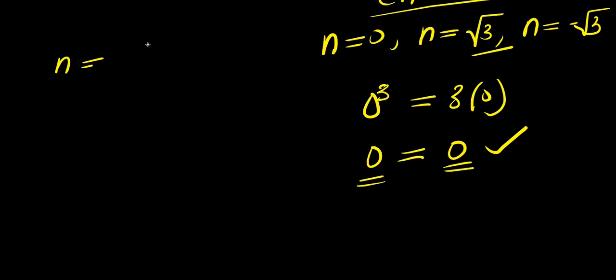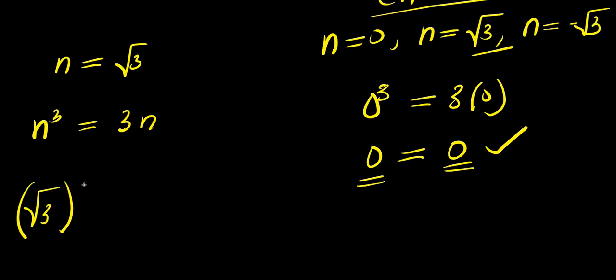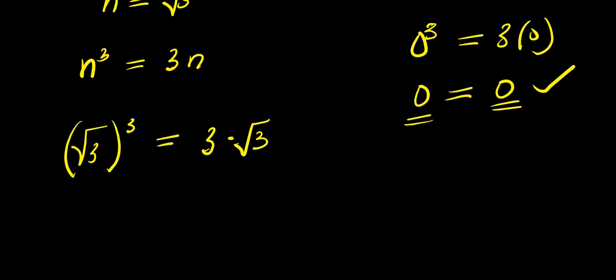Now n is root 3, and this is n power 3 equals 3n, right? So this is root 3 to the power of 3, and this equals 3 times what? Root 3. So what would this give you? Root 3 to the power of 3 will be root 3 times root 3 times root 3.